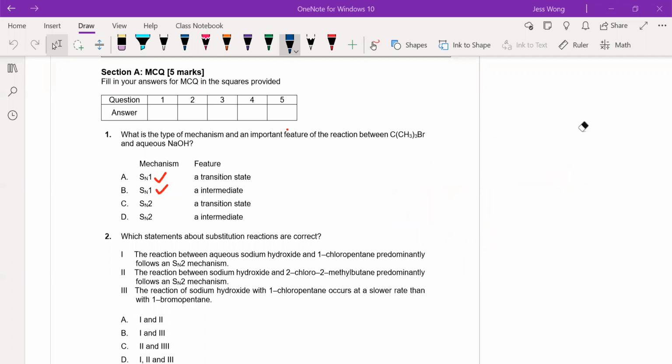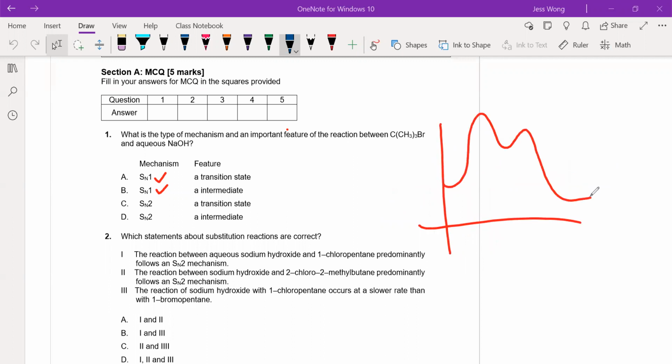If we sketch out the energy profile diagram, at this point here, where the substance will have very high energy, this is known as the transition state. And this point over here, which is the starting reactant of the second step and is something that is formed during the first step, we call the intermediate.